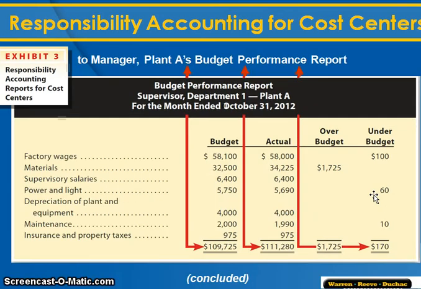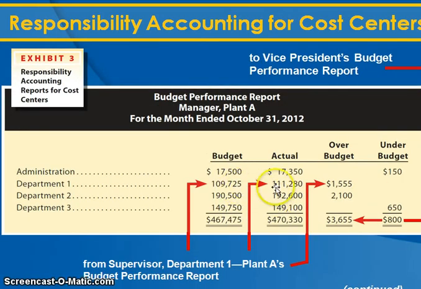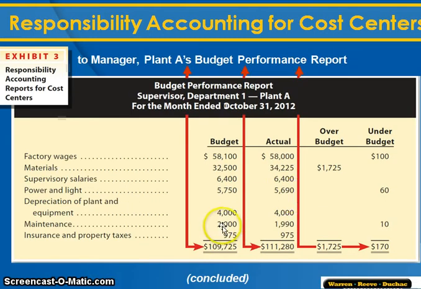So, you see how we're taking these numbers, the 109 and 111, and we're going, hey, Department 1, what's going on? So here's the explanation of the 109 and 111. Let's look at it by individual line item, because now we went down to the supervisor of Department 1 and we said, why are you over budget? And when we looked at it, it looks like materials is what put us over budget. That's the big amount that put us over where we expected to be.